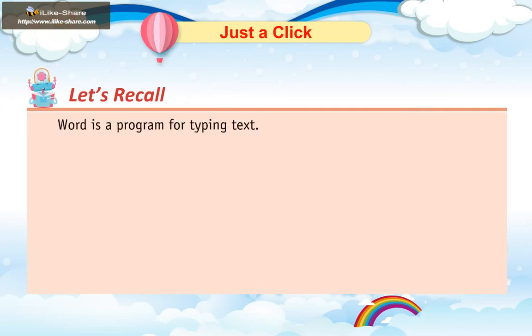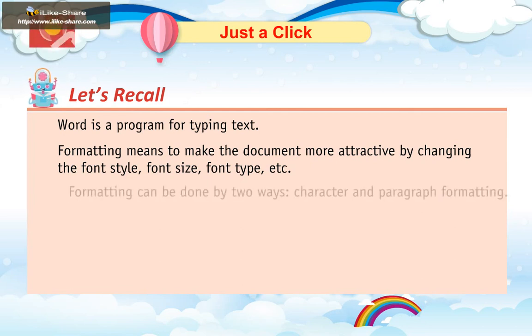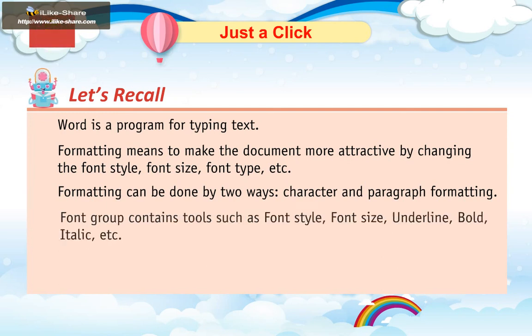Let's recall. Word is a program for typing text. Formatting means to make the document more attractive by changing the font style, font size, font type, etc. Formatting can be done by 2 ways: character and paragraph formatting.